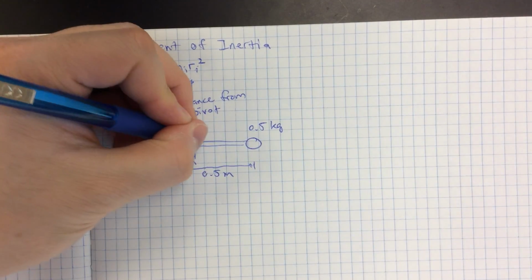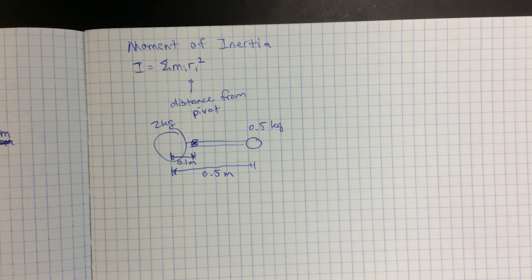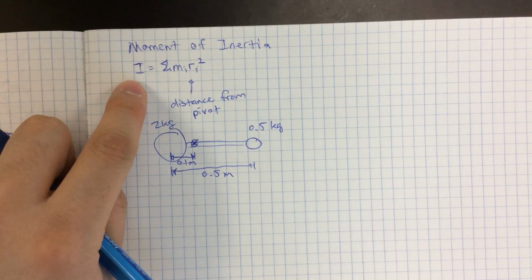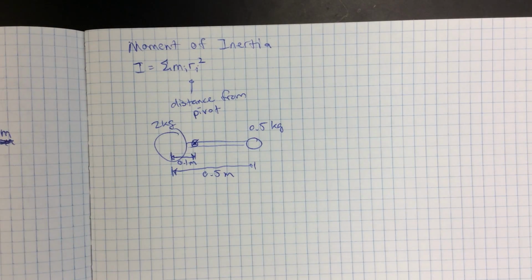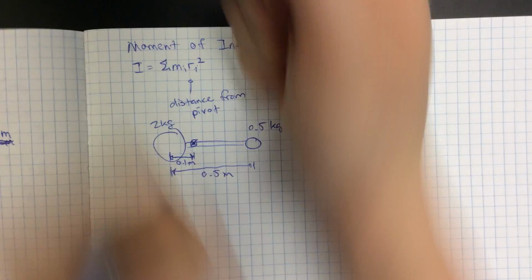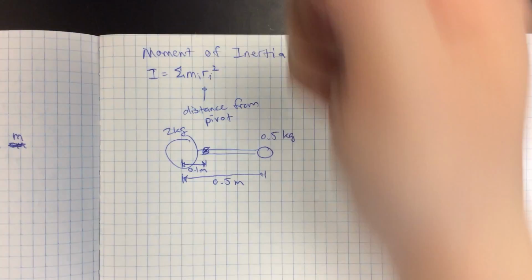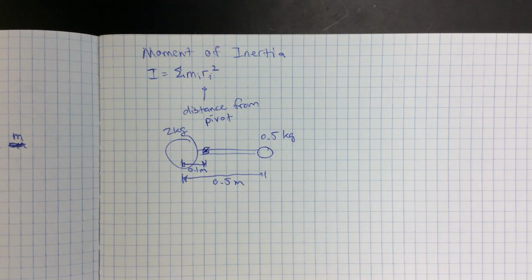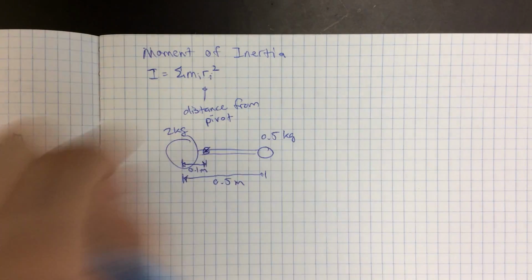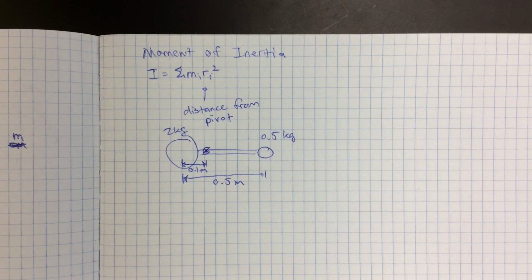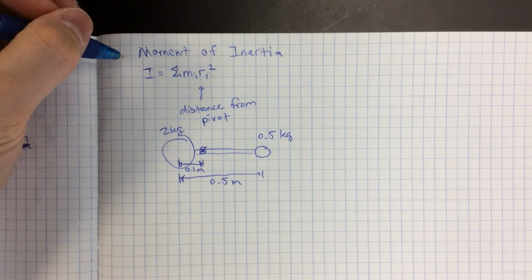This is the center of mass. That's where it's going to pivot. So what moment of inertia is a measure of is, if I take this and make it spin, how hard do I have to push? How much torque do I have to apply to make it spin faster, to accelerate or slow down? That is what this measures.